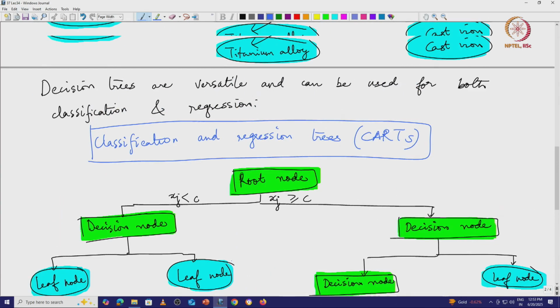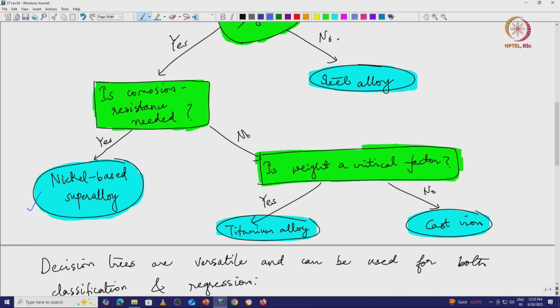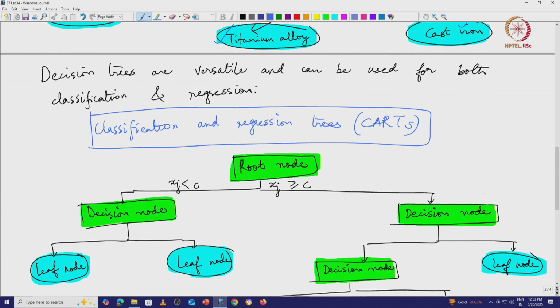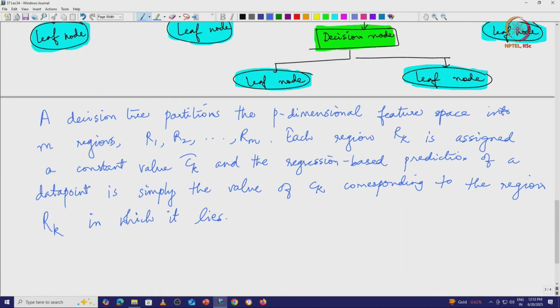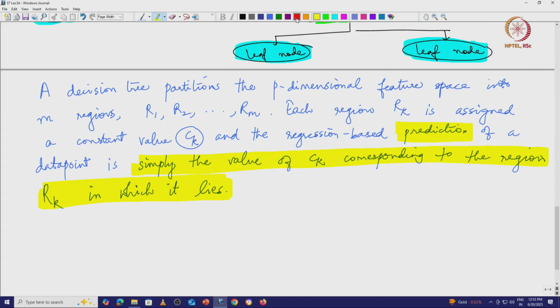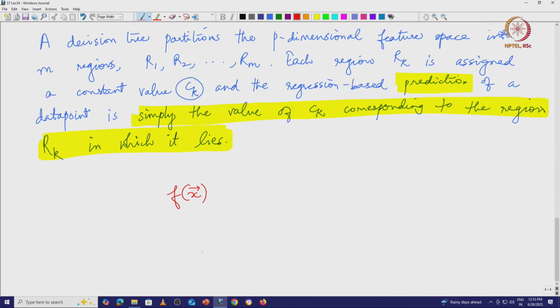So as you saw in the example above, each region made a certain prediction. So there is a constant value assigned with a certain region, Ck, and then the prediction is simply the value of Ck corresponding to the region in which that data point lies. Okay, so as simple as that. And if you wanted to write it mathematically, you can write it like this. So if you denote your decision tree by f(x), as we have discussed earlier, all machine learning models are function approximators.